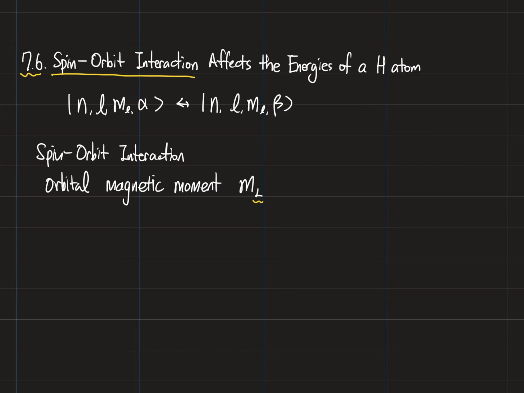By orbiting the nucleus, the electron acts like a current loop, creating a magnetic field, and this is related to orbital angular momentum L. So this value is given as the unit charge e divided by 2 times the mass of the electron, times the orbital angular momentum L. And the second part is the spin magnetic moment.